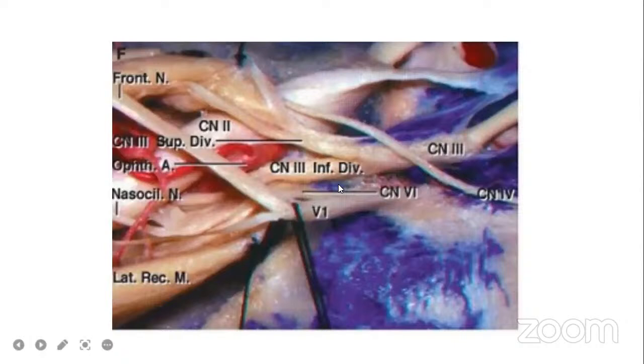So here's the cranial nerve 3 inferior division, while the superior division, ophthalmic artery and nasociliary nerve. Here's the lateral rectus muscle visualized. Here's the V1 division of the trigeminal nerve. Here's cranial nerve 4, the trochlear nerve.